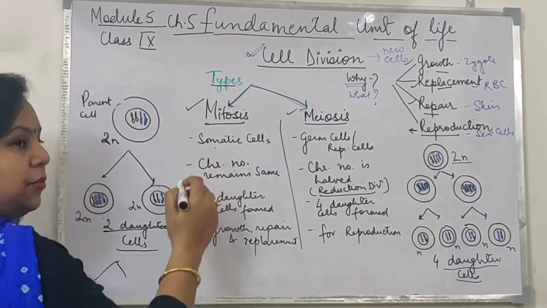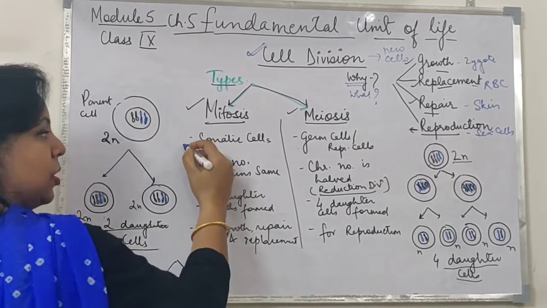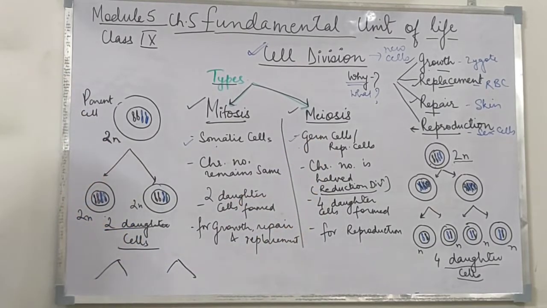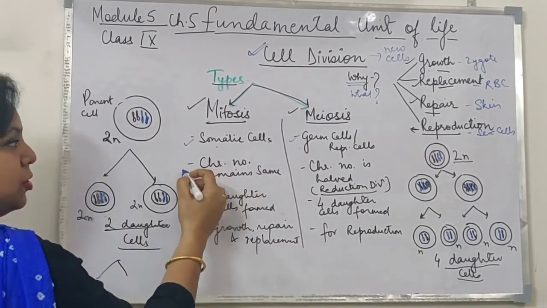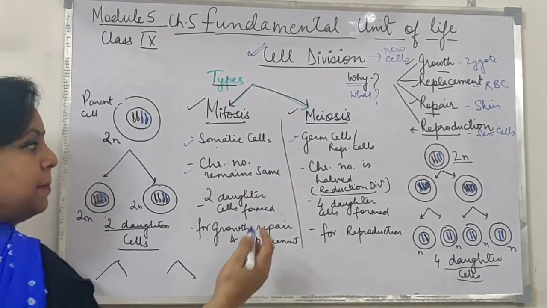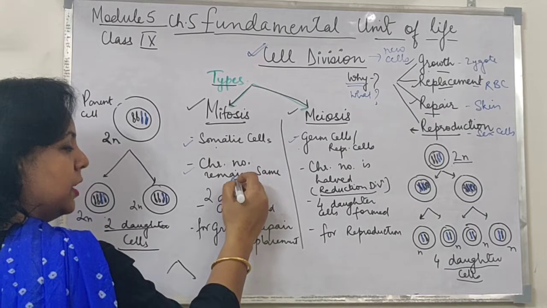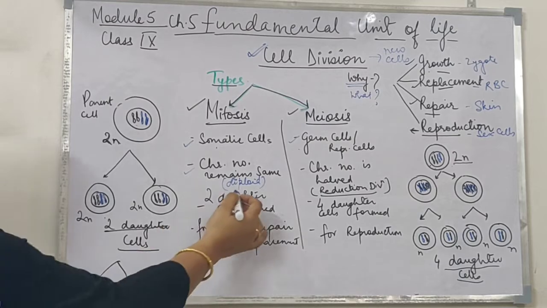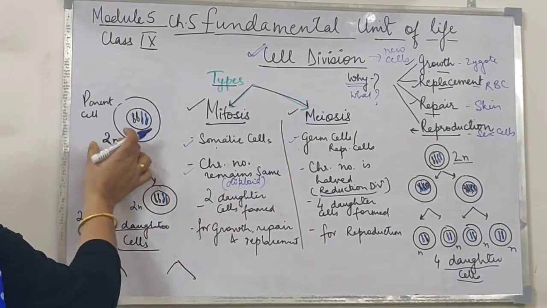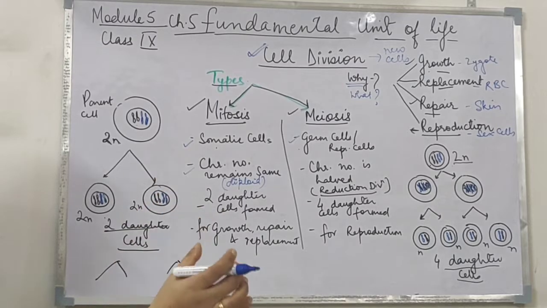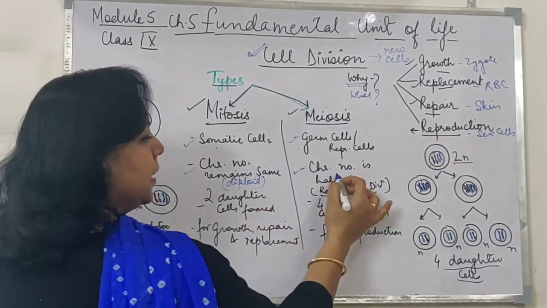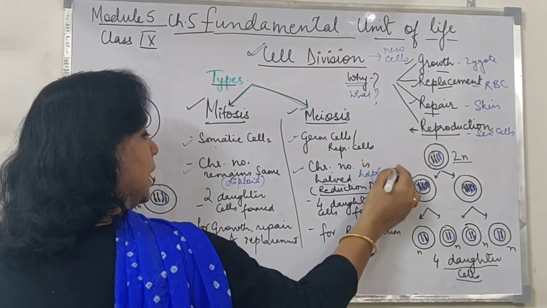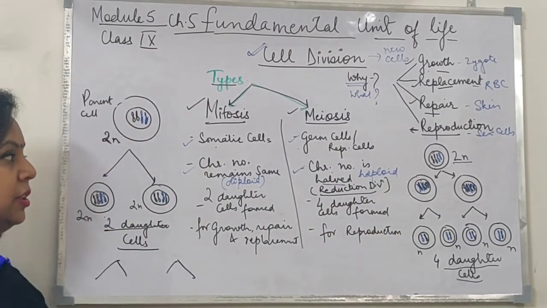So we have seen first difference, that the mitosis undergoes in somatic cells and meiosis undergoes in germ cells or the reproductive cells. In mitosis, the chromosome number remains the same, that is diploid. We will be studying the meaning of these terms in class 10th. However, diploid over here means 2n, basically the homologous number, the original number of chromosomes. Over here in meiosis, they become halved or haploid, and that is the reason it is known as reduction division.